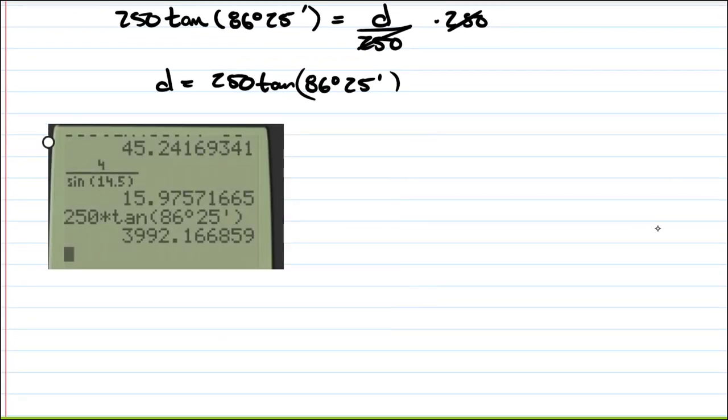So I'm going to say about 4,000 meters, which is about 4 kilometers. So that would be the distance to the boat.